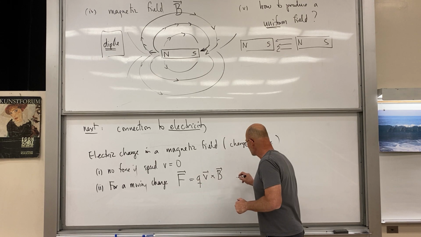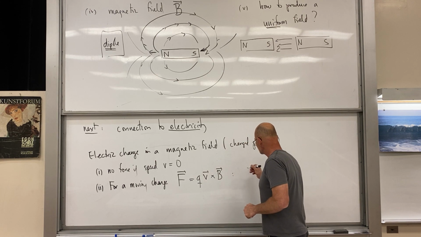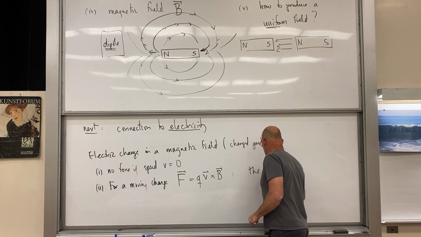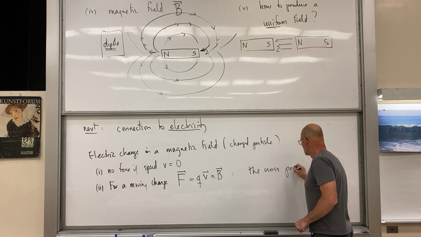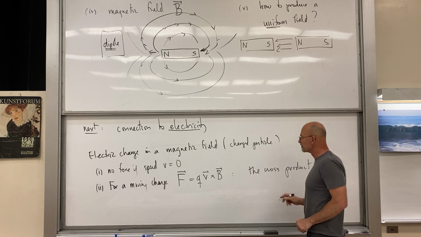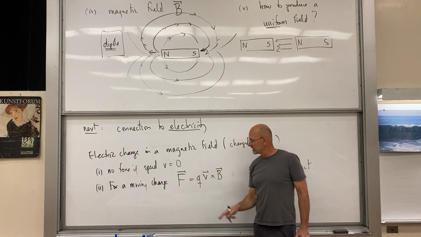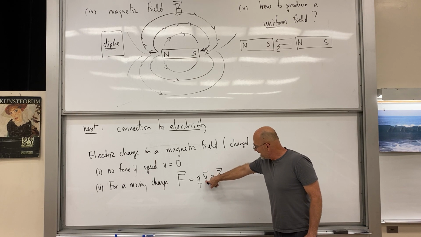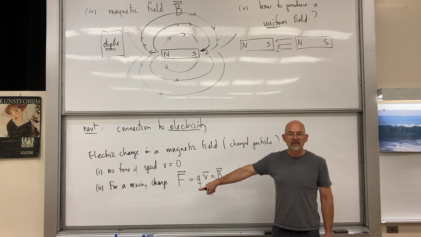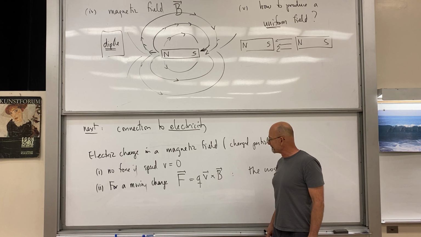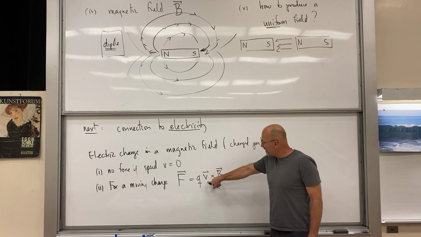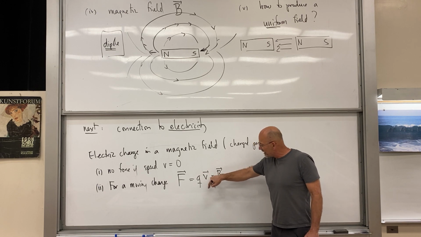So what about this cross product? It has a bunch of properties. If you reverse the order of these two factors, you get a minus sign out of it. If v and B are parallel, the force is 0. The force is perpendicular to the plane that's spanned by these two vectors.